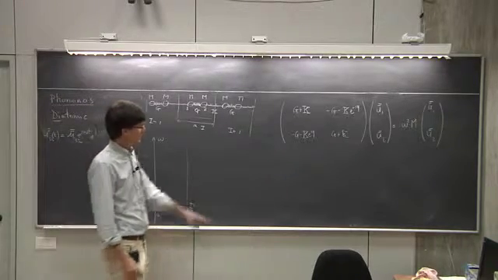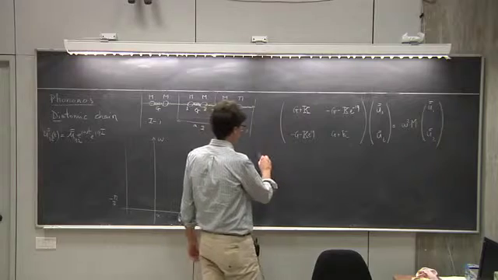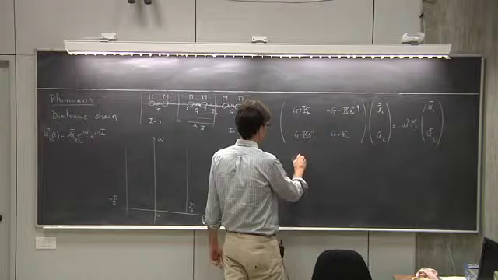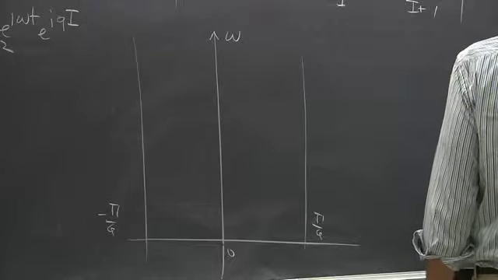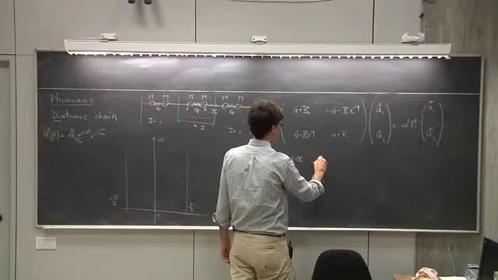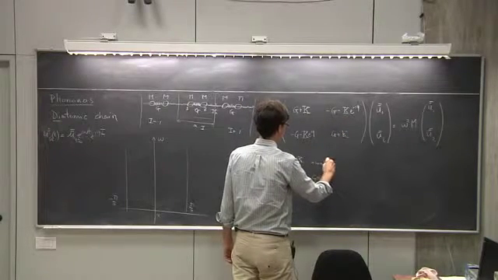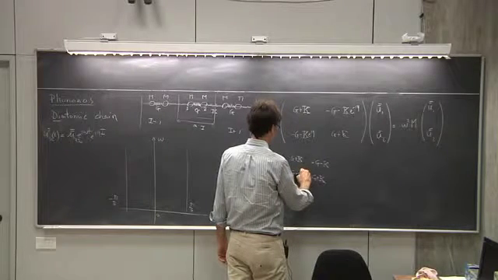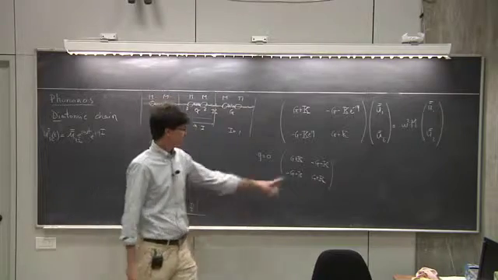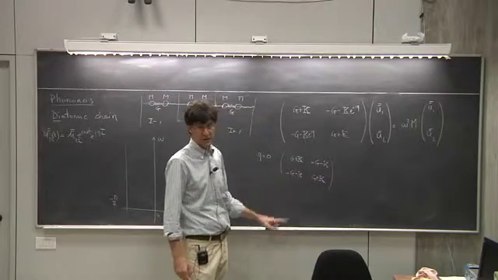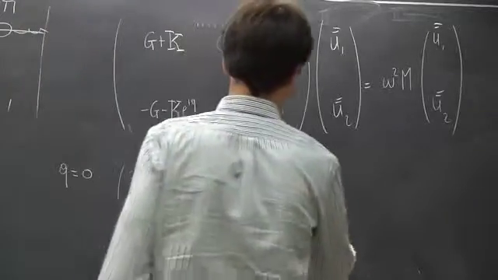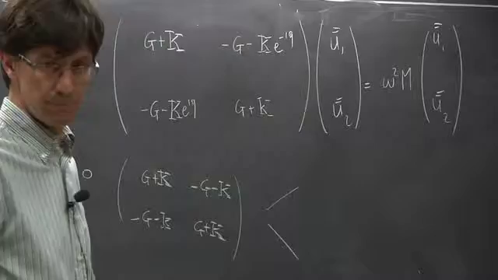So let me set q equals to 0 here. What happens? We have g plus k, g plus k, minus g minus k, minus g minus k. I have to diagonalize this matrix. A, minus a, minus a. What are the two eigenvalues? 0 and 0.